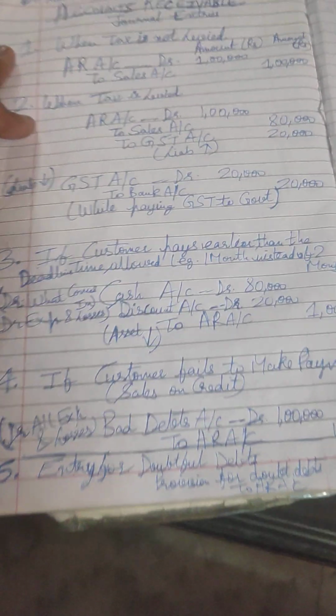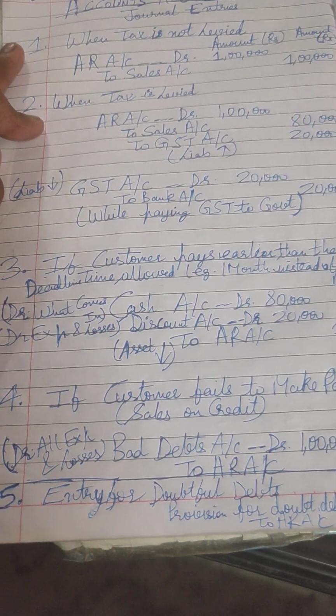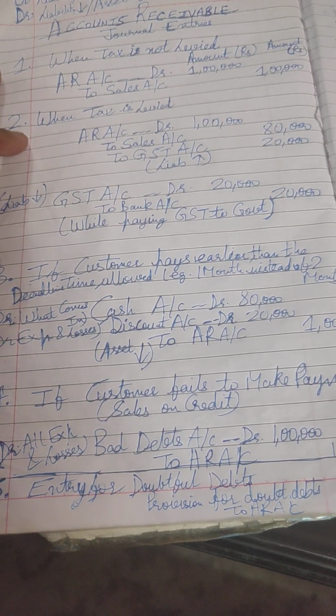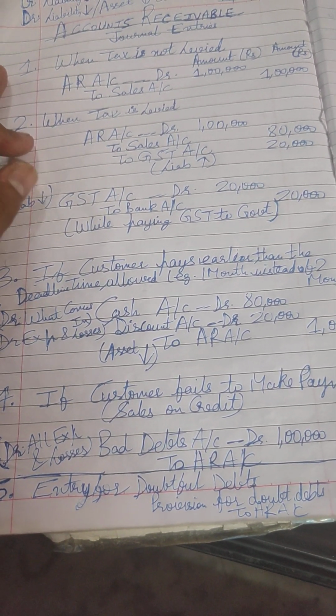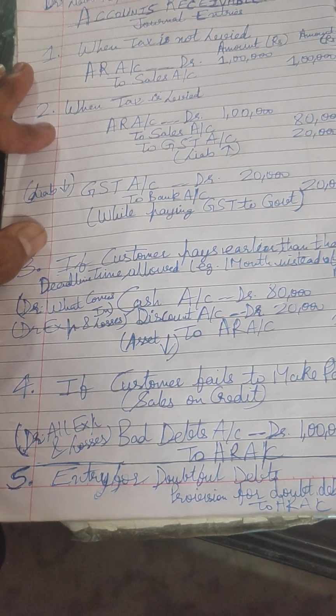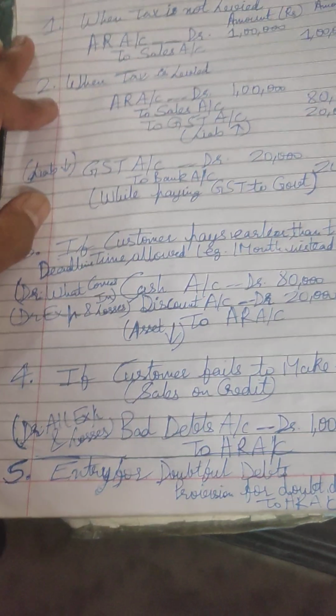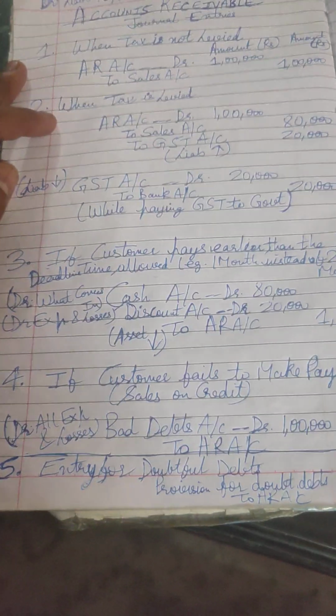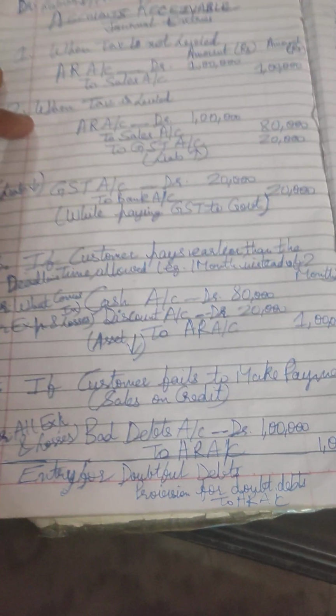Okay, now the third entry we have: if the customer pays earlier than the deadline allowed. Suppose a customer asked for 2 months, but suddenly after 1 month he says that now I am ready to make the payment, so we can allow him some discount. Now while allowing discount, what will be the entry?